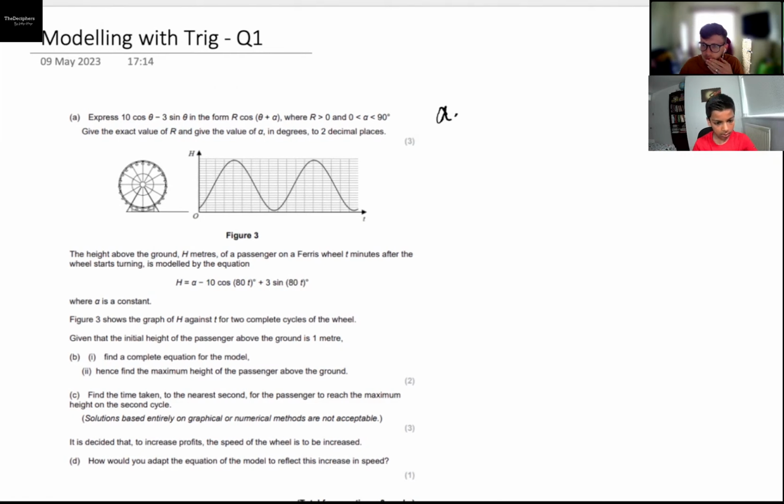Okay, so r cos of theta plus alpha. If we use the addition rule for cos, we want to get cos and sine.